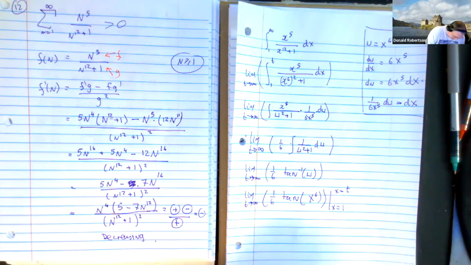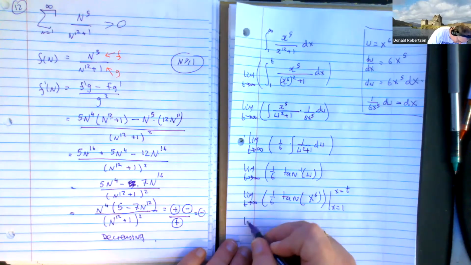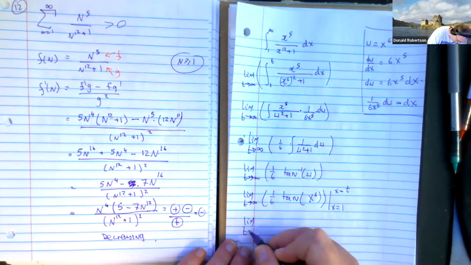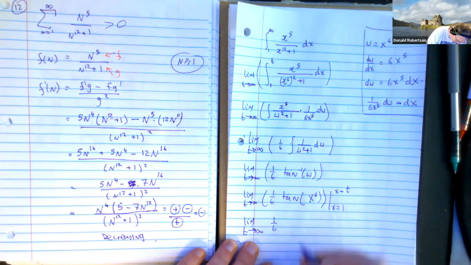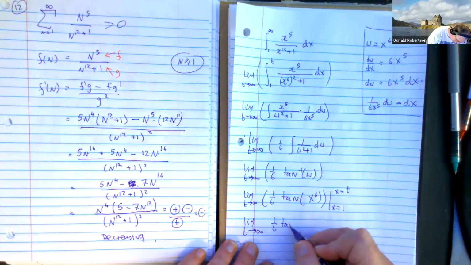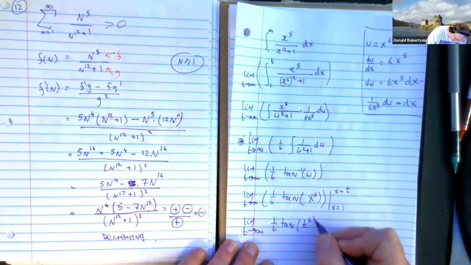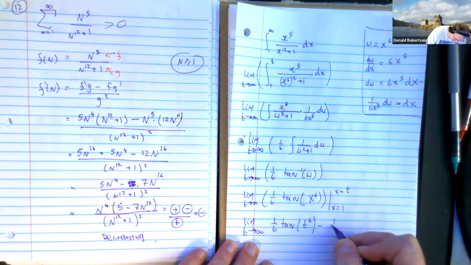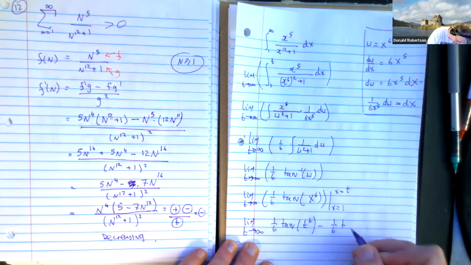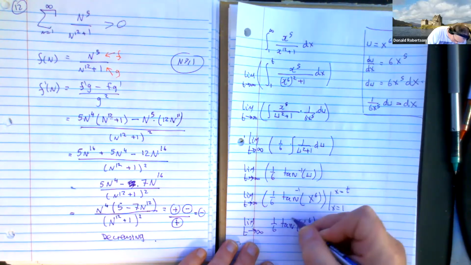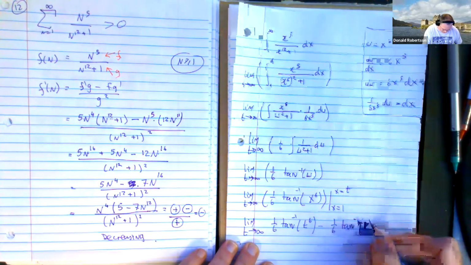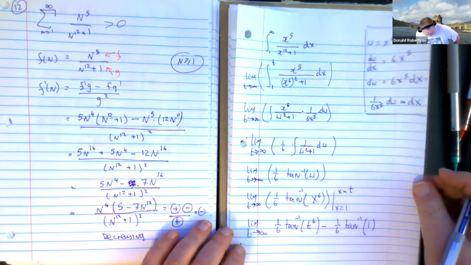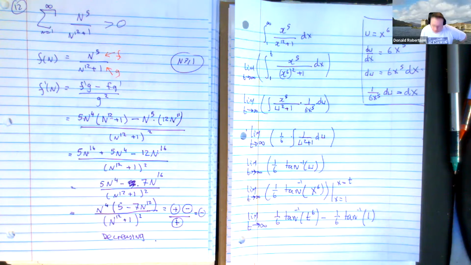Now, I should be able to figure out what's going to happen next. It's going to be 1/6 the inverse tan of t to the power of 6, take away 1/6 the inverse tan, almost forgot my inverses, of 1. Are we good?